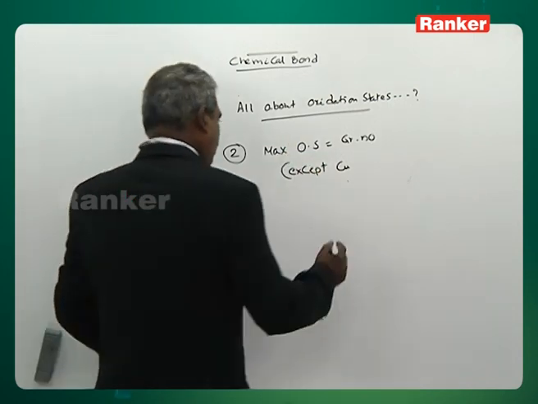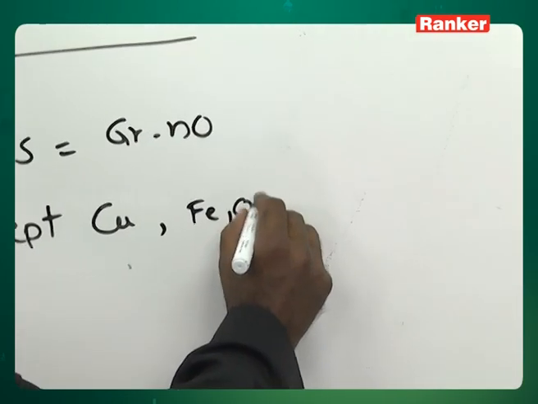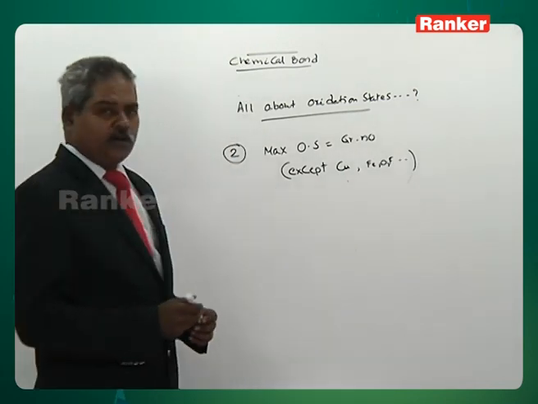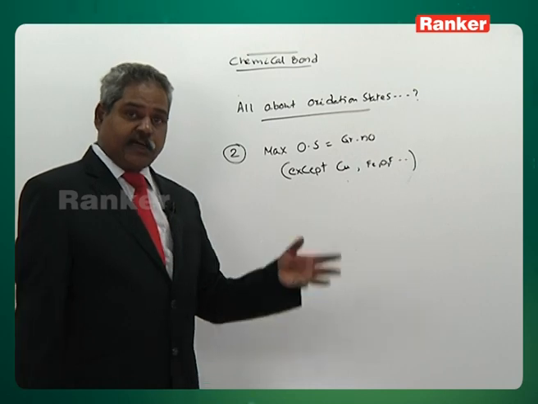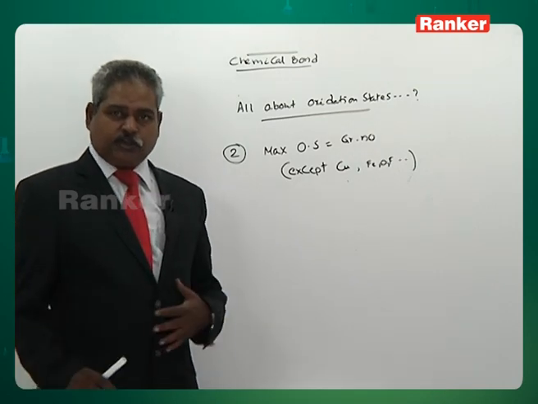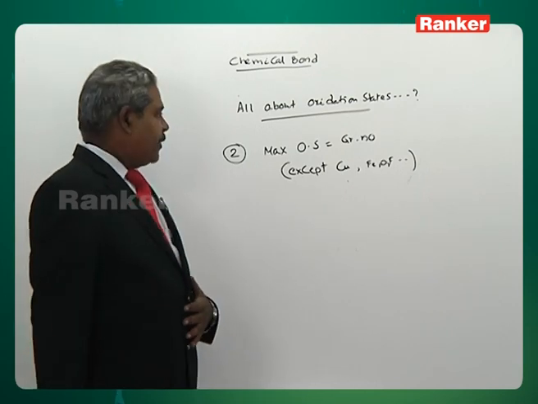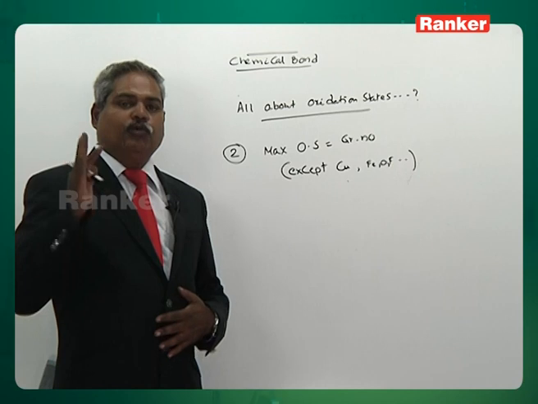So to some extent, copper, iron, oxygen, fluorine are not much of an exception, because iron belongs to the 8th group, it is permitted to exhibit plus 8, but it doesn't exhibit. If it crosses the limit, then you can say it is an exception. So the maximum oxidation state cannot exceed the group number.